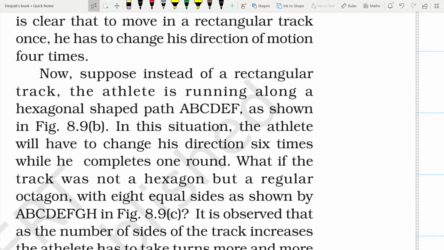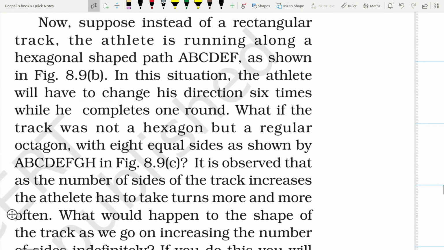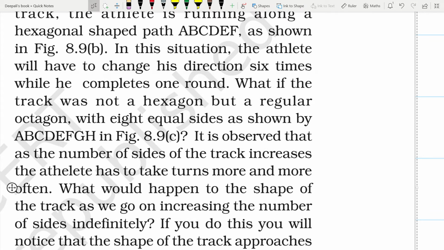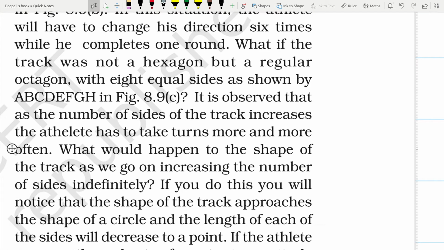Let us observe that as the number of sides of the track increases, the athlete has to make turns more and more often. What would happen to the shape of the track if we go on increasing the number of sides indefinitely? You will notice that the shape of the track approaches the shape of a circle and the length of each side decreases to a point.